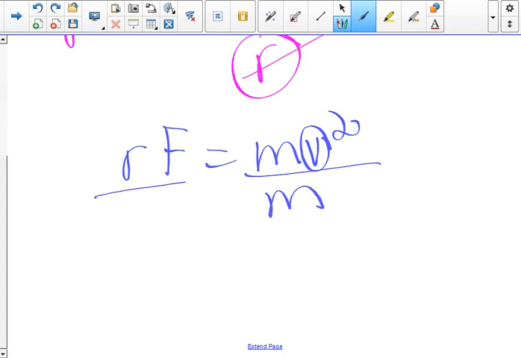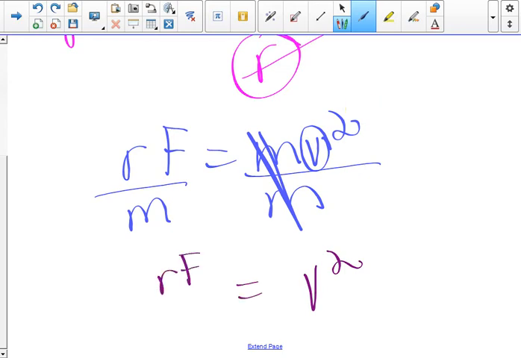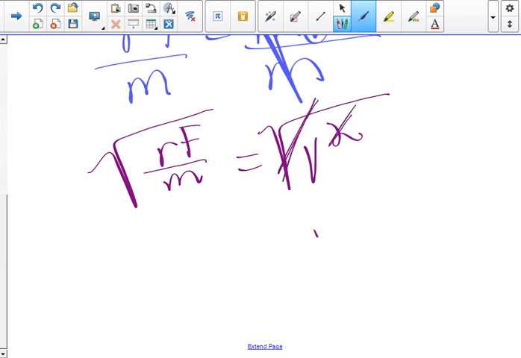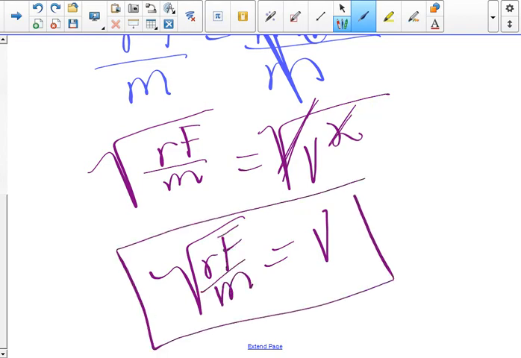So divide by m and divide by m. And these cancel out. So now I'm left with v squared equal r times F over m. Now I just have to take the square root of each side. And these cancel out to v equals the square root of rF over m. And that's your answer. You're just solving in terms of the variable they gave you.